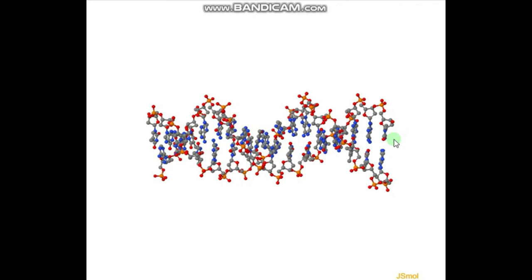Now the size of a typical cell, if you pick your favorite organ, like your spleen, a typical spleen cell has a width of about 10 micrometers, so that's 10 to the minus 5 meters. So what we've got to fit is DNA of total length 2 meters into a cell that's only 10 to the minus 5 meters across.